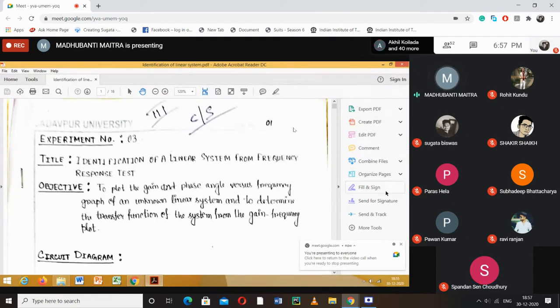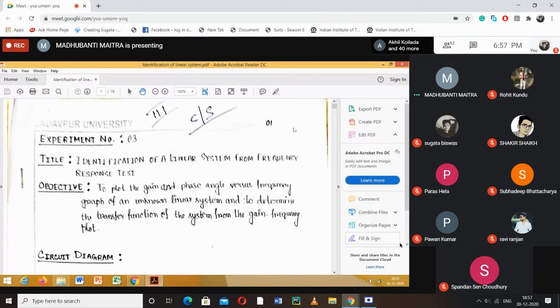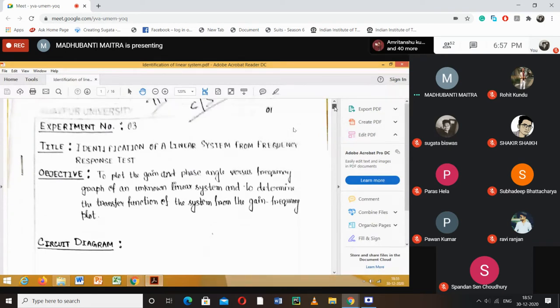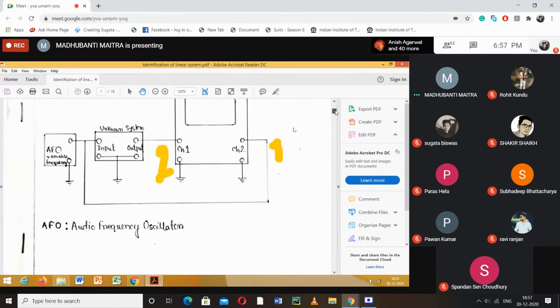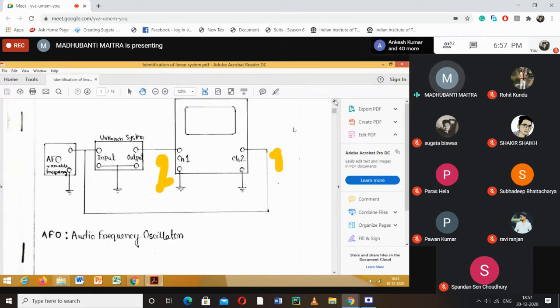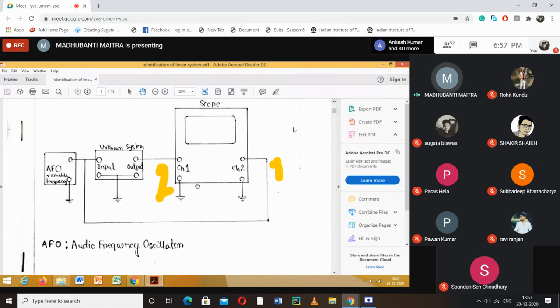Okay, this one is one laboratory lab sheet prepared by one of your seniors. So this diagram is not correct. The previous one given in the instruction sheet is correct. So the input is connected to channel 1.